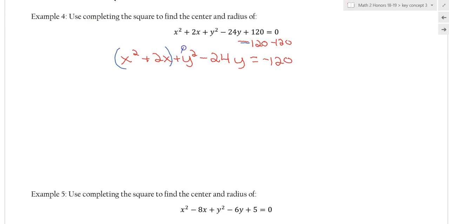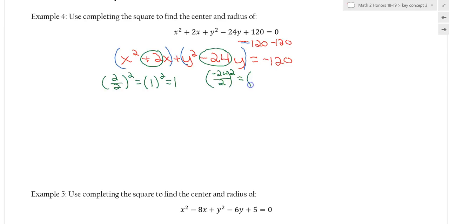X's, y's. And then we take this positive 2. We have 2 divided by 2 squared equals 1 squared, which equals 1. Same thing here. Negative 24 divided by 2 squared equals negative 24 divided by 2 is negative 12 squared.